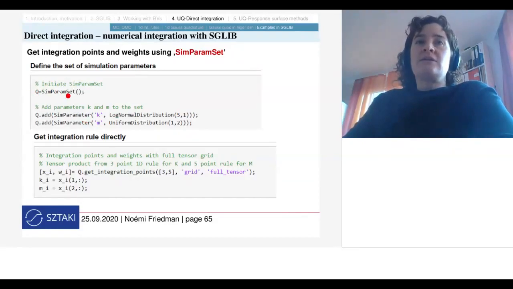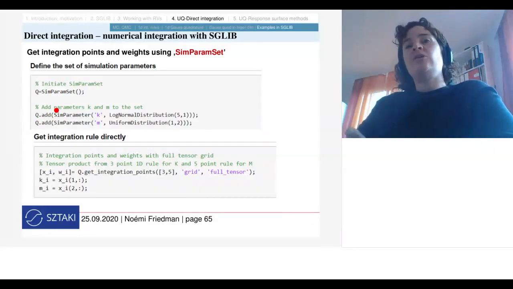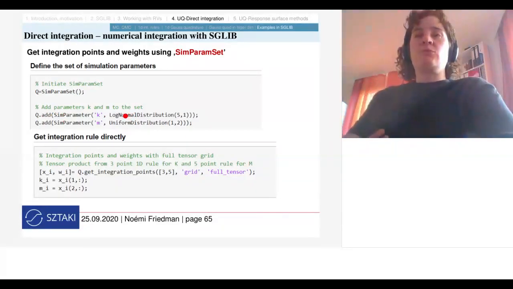And I add it to this set of parameters, which I call sim param set. So I can add it to this generated empty sim param set. And then I have a set of parameters where I have two parameters, and both of them have different distributions.